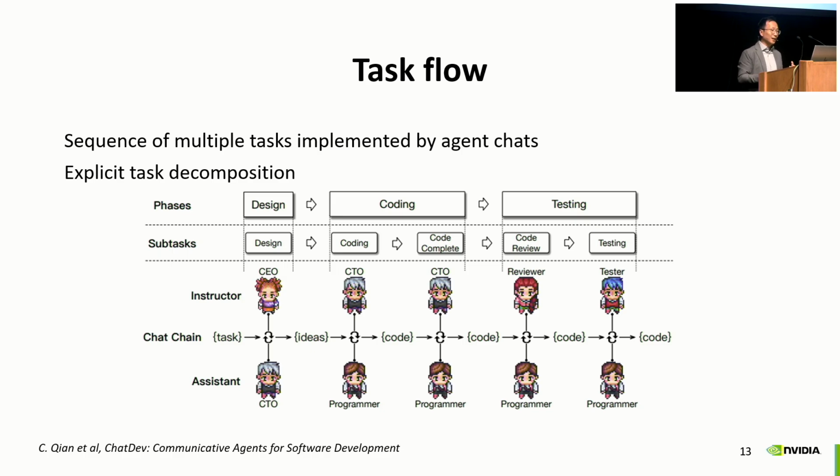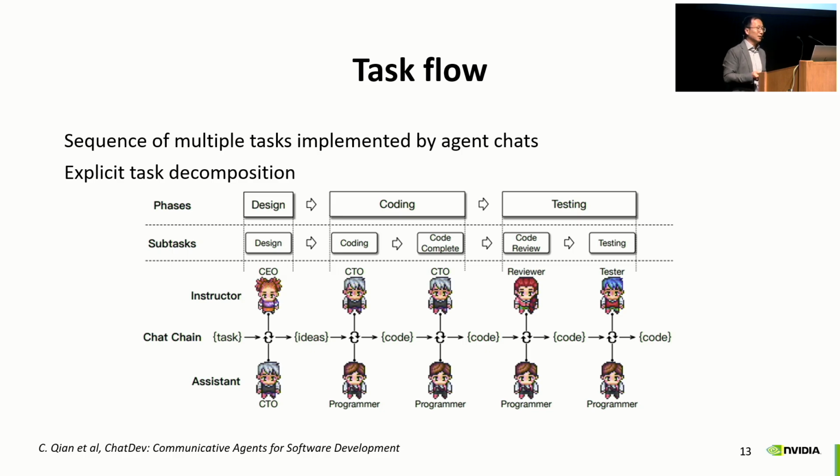For example, in this design phase, there is a CEO who talks to the CTO to form the design plan. So at the high level, it's a task flow, a well-specified task decomposition. At the low level, you have multiple agents just chatting to each other to accomplish that. This is also a very commonly used method in implementation of agents.